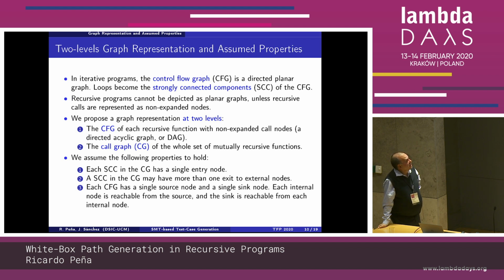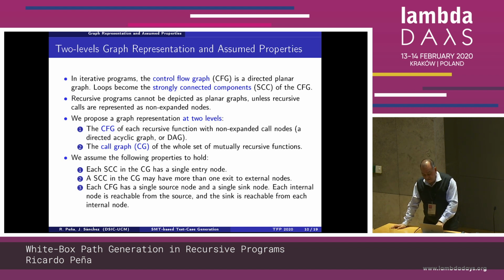You have a single source node and a single sink node, each node is reachable from the source, and you can reach the sink from every node, and so on. These are properties that you assume in the graph in order to generate the paths.